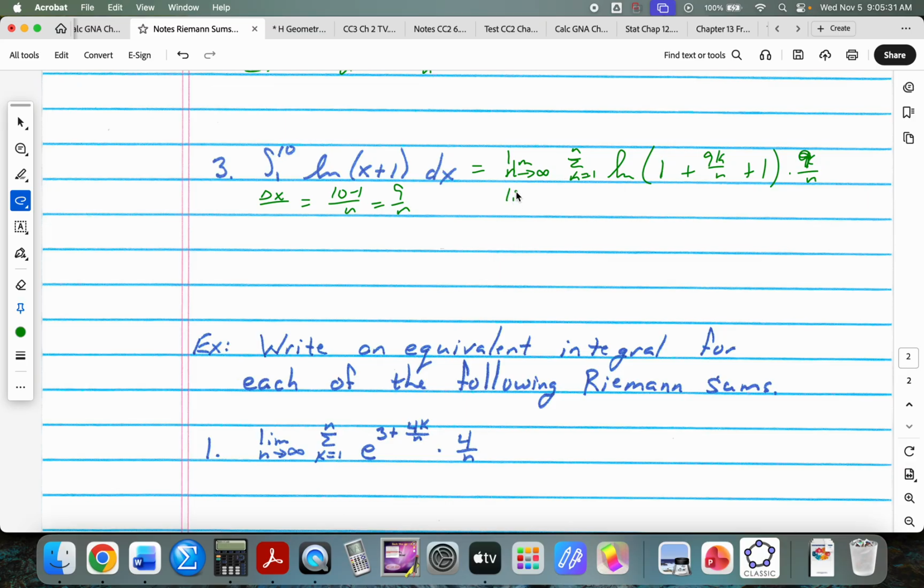Notice I can simplify that to be the limit as n goes to infinity of the summation as k goes from 1 to n of the natural log of 2 plus 9k over n times 9 over n.